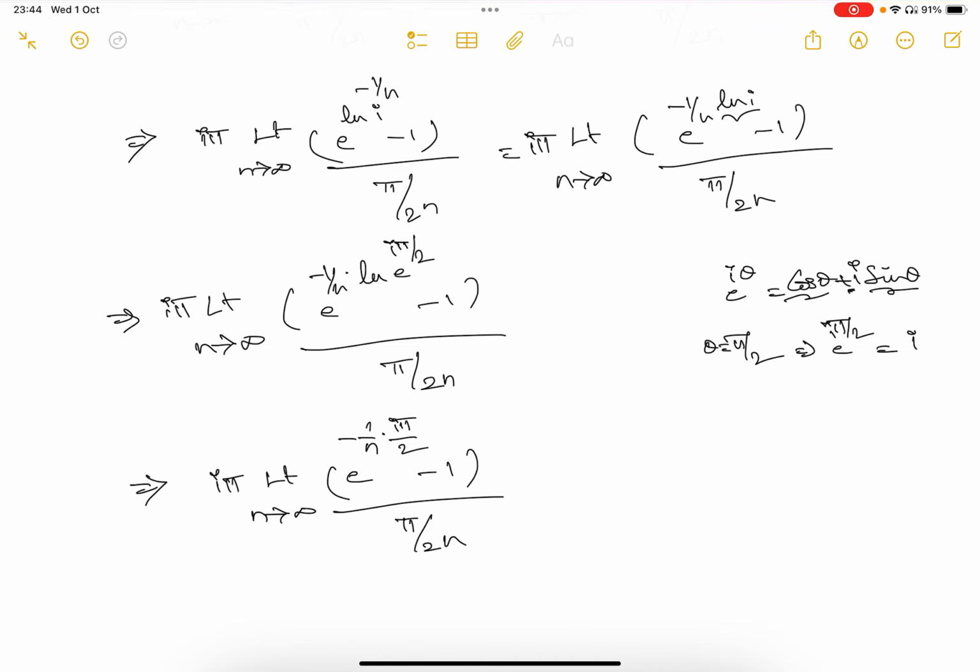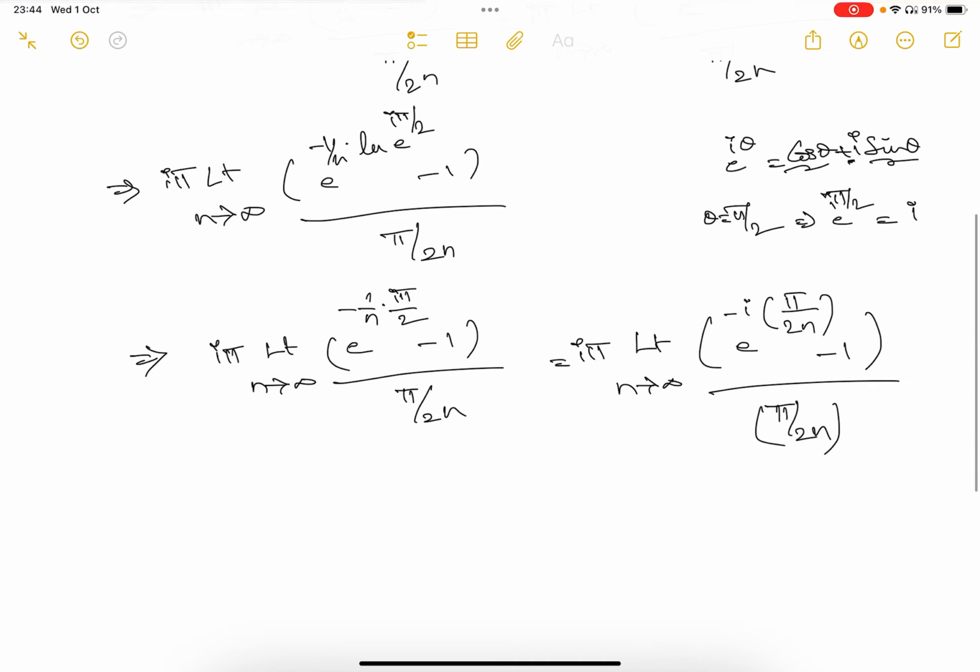I mean, you can write it in some compact form: limit n tends to infinity of e^(-i pi/2n) - 1 by pi by 2n.